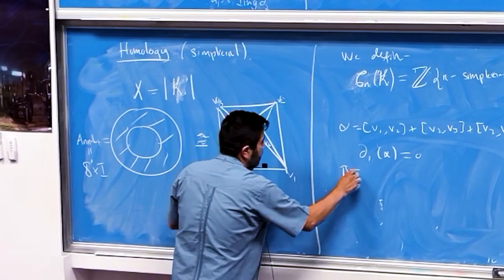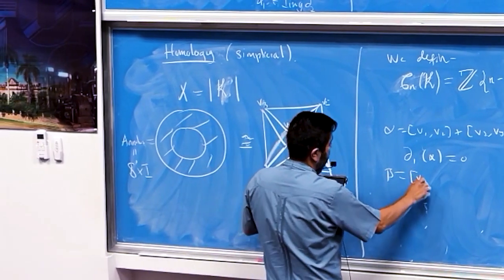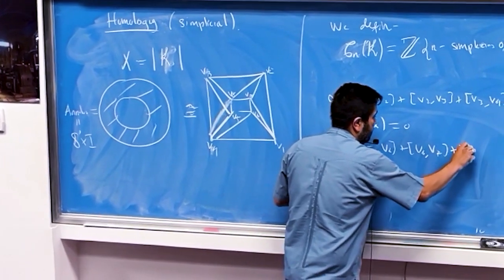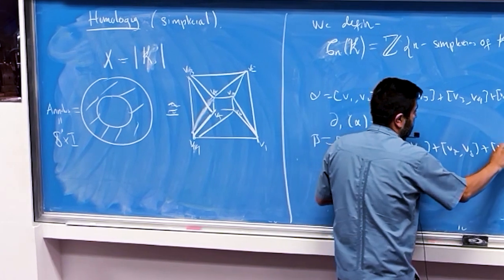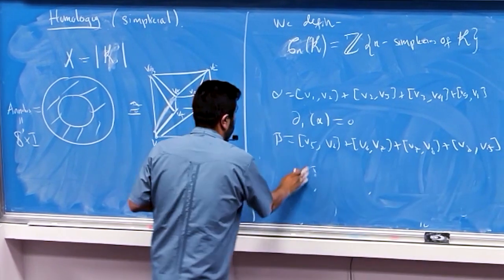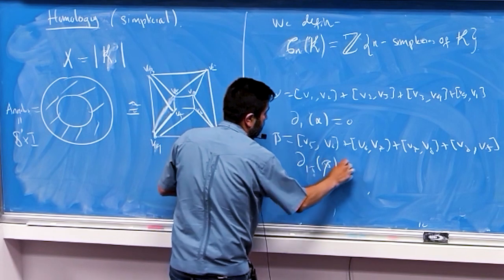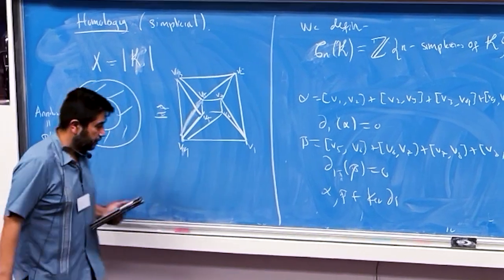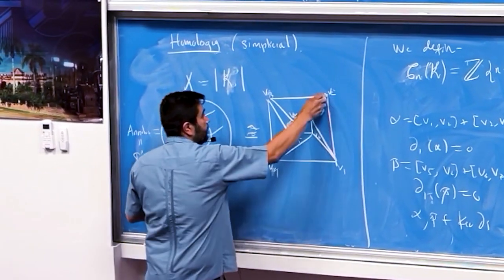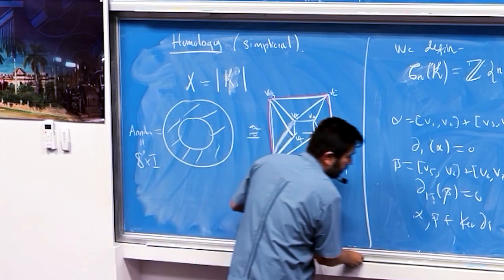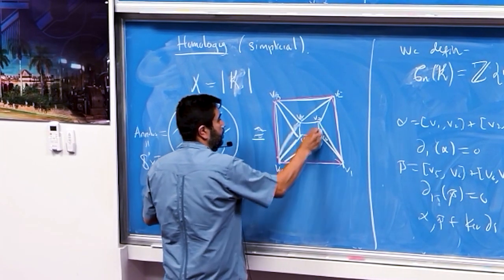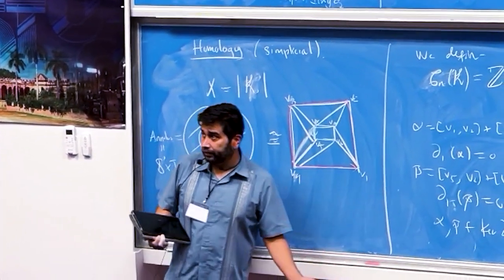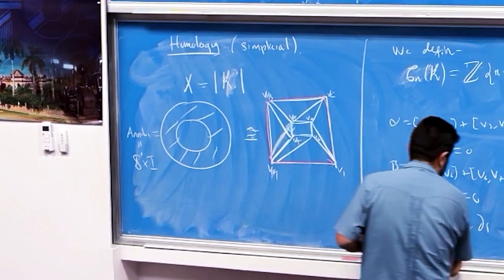Also, take beta, the one that goes B5B6 plus B6B7 plus B7B8 plus B8B5. Its boundary is also 0. So alpha and beta live in the kernel of delta 1. You have these two cycles living in the kernel of delta 1.